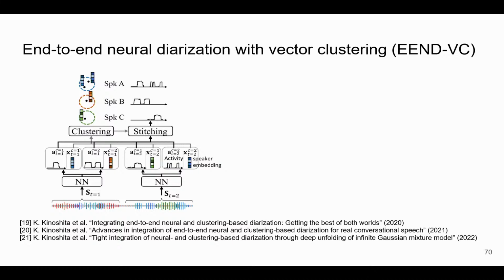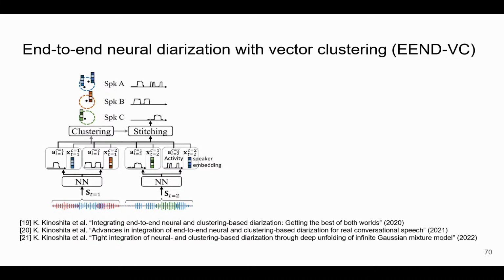If you don't really care about developing better diarization, there is a solution you can run. The idea here is that you want to get the best of both worlds, as they named it in one of the papers. You would run end-to-end diarization in relatively short segments of speech. You can see here there were 2 speakers.